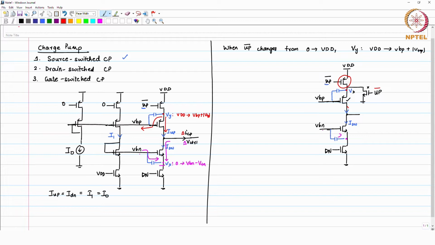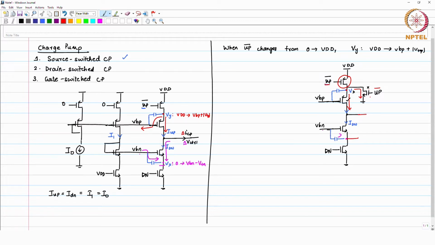When up signal is 1, at that time your PMOS is active and NMOS is turned off. When up is 0, that time NMOS turns on and it discharges this Vx node to ground. It minimizes the current coming from the current source, this PMOS, and changing the control voltage.